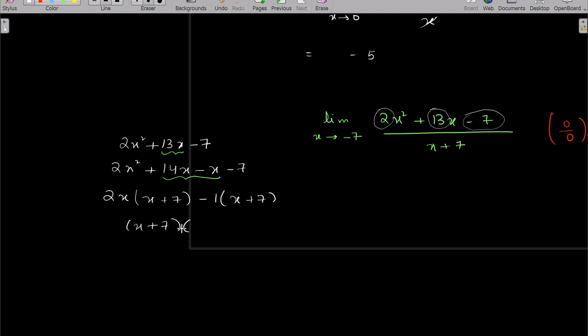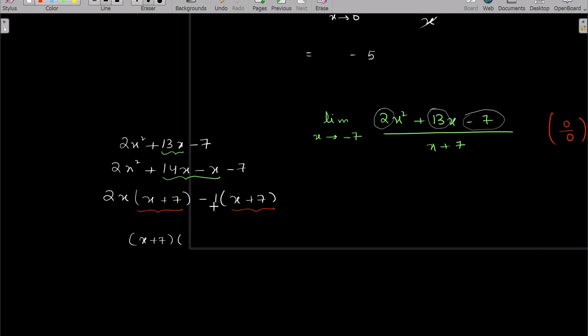Then I get, wait. When you factor out x plus 7, see, x plus 7, x plus 7. So I can only get rid of 1, right? So wouldn't it be 2x times -1 times x plus 7?